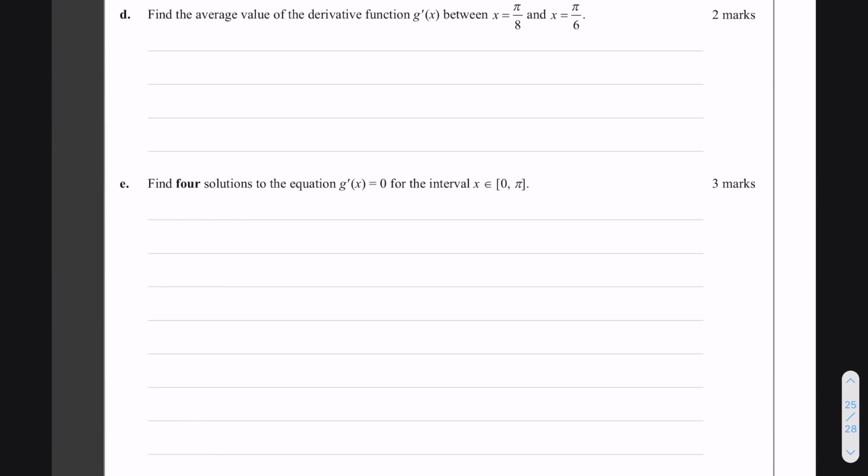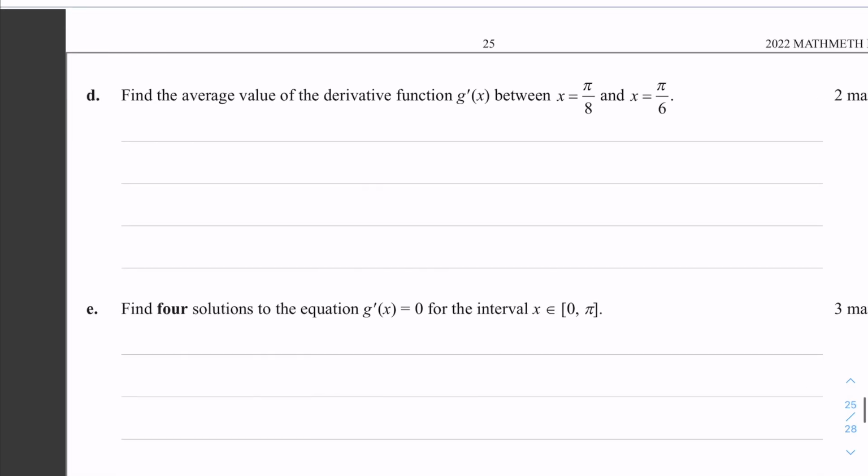The average value of the derivative function g dash x between x equals pi over 8 and x equals pi over 6. So the average value is 1 over pi over 6 minus pi over 8 times the integral from pi over 8 to pi over 6 of g dash x dx. Now, pi over 6 minus pi over 8 is 8 pi minus 6 pi over 48.